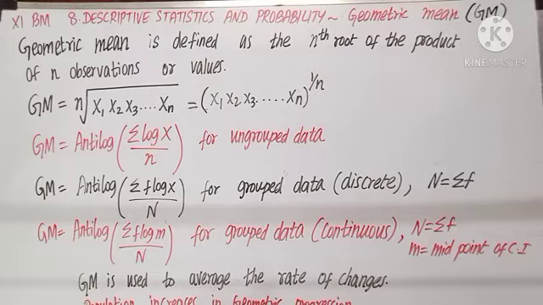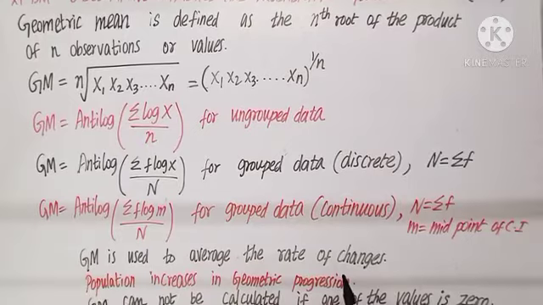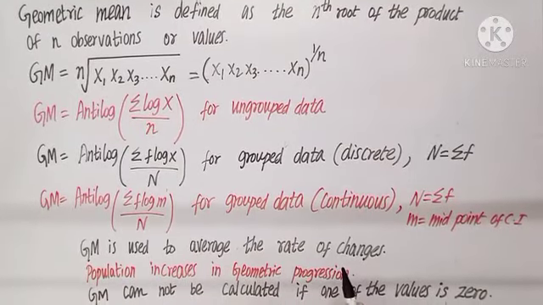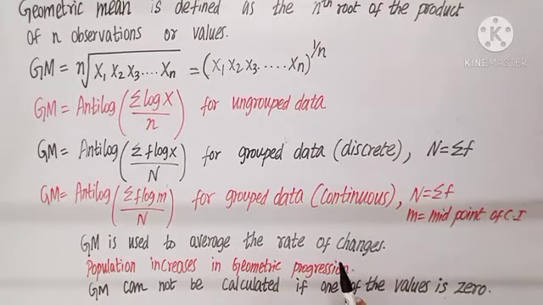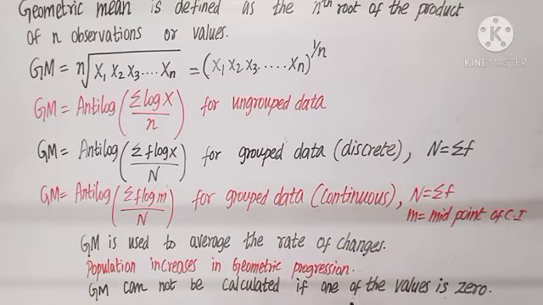GM, as we had discussed already, is used to average the rate of changes. Majority of the population problems in the exercise, let us remember, population increases in geometric progression. So, in population problems, we will find GM and not arithmetic mean.